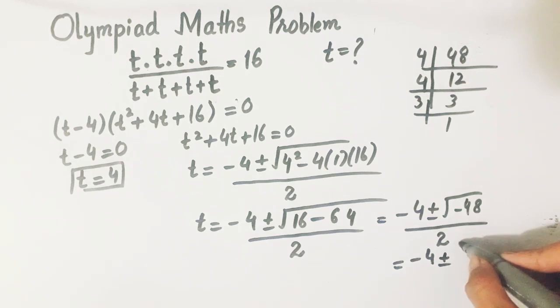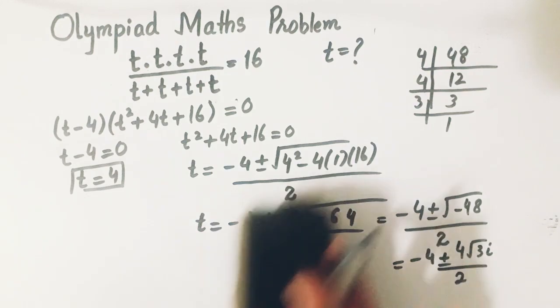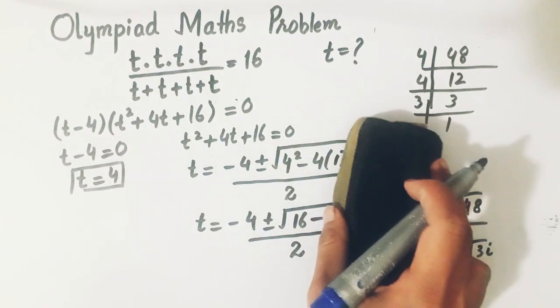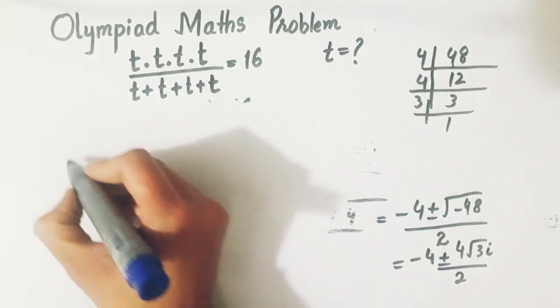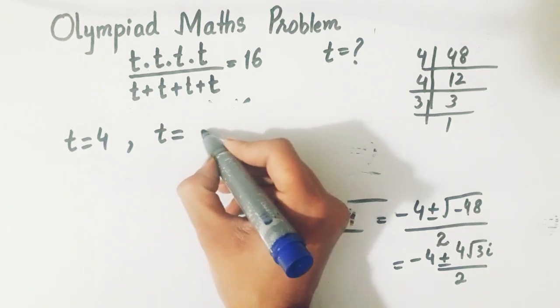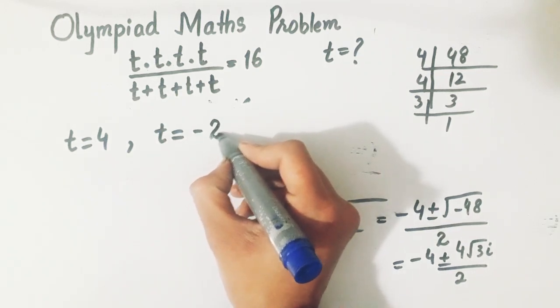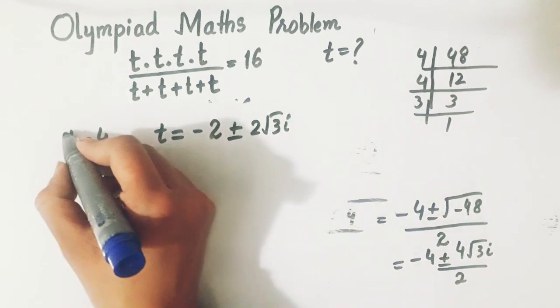That means we have 4 root 3 iota divided by 2. Now we will write the final answer here, that we get t equals 4 and t equals minus 2 plus minus 2 root 3 iota.